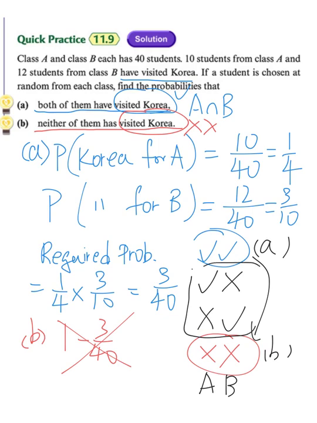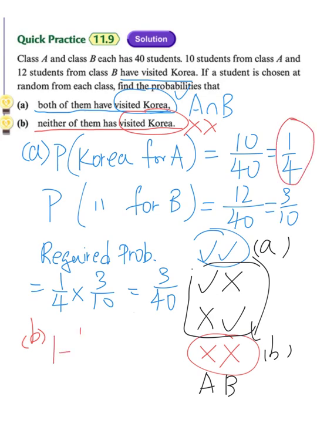So what we need to do is to find the probability that neither visited Korea. Not visiting Korea is the complementary event of visiting Korea.